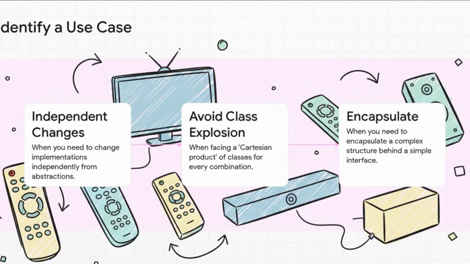If you catch yourself about to create a class for every combination of 2 different things, that Cartesian product is a huge red flag. And 3. Use it when you want to hide all the messy details of an implementation behind a nice clean interface. If you see these signs, it's probably time to think about building a bridge.